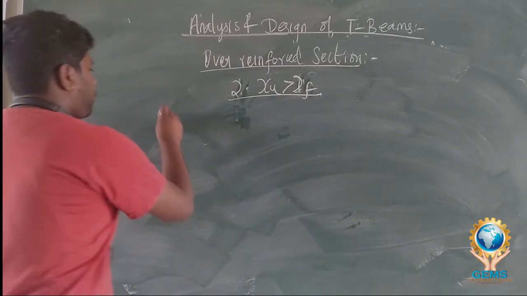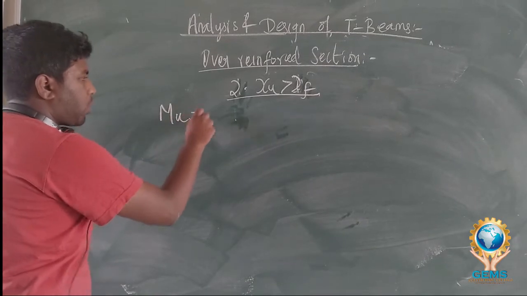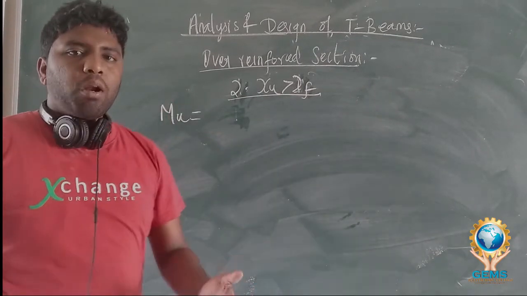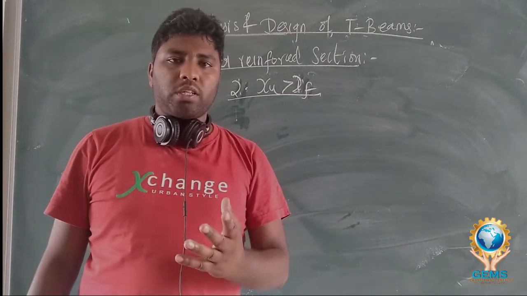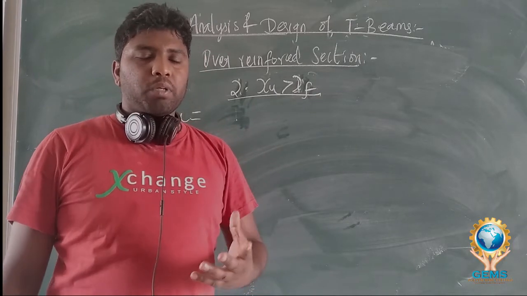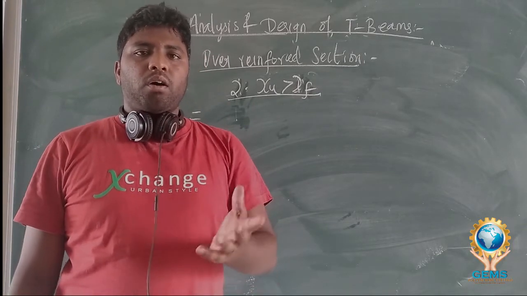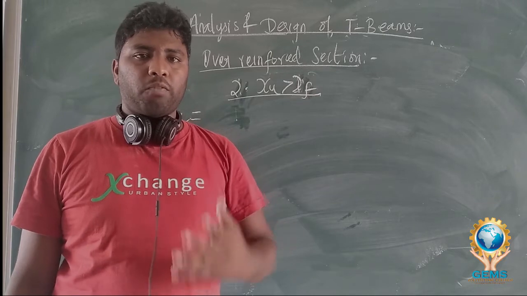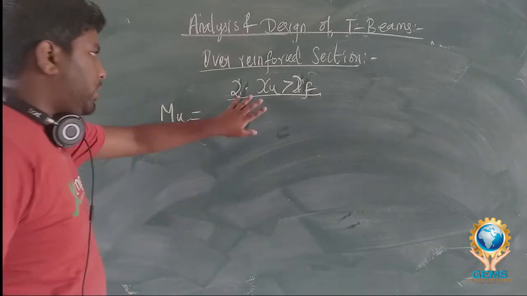So first I will write the formula for moment of resistance for the over reinforced section. It is the same as the formula for moment of resistance for the under reinforced section. Same formula only.